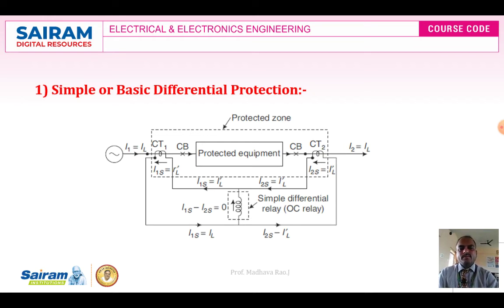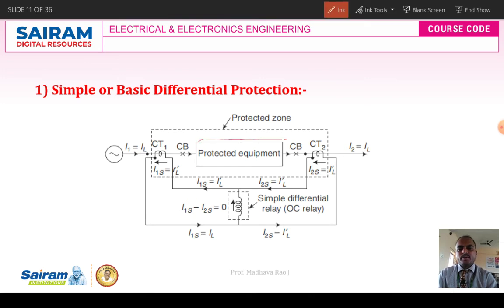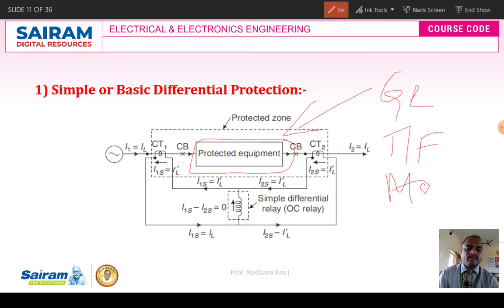Here we have the equipment, which may be a generator, transformer or motor, in place of the protected equipment. We have two current transformers, current transformer 1 and current transformer 2, and a simple differential relay, an OC relay. Once a fault occurs, the current flowing through the line will change.